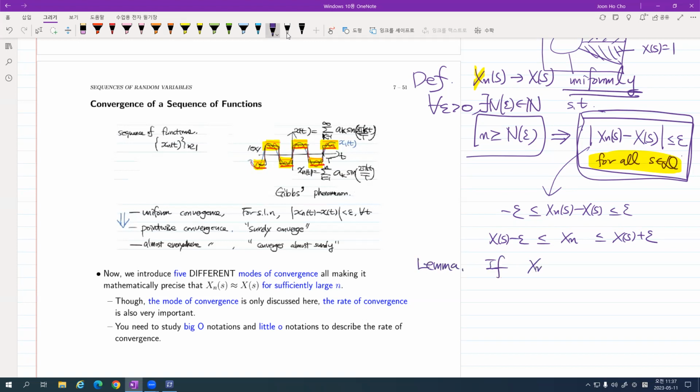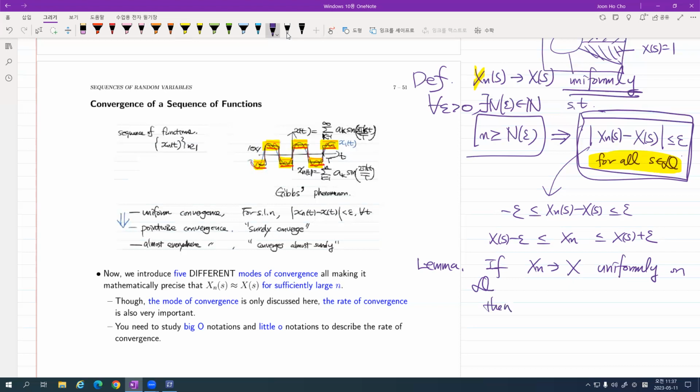If x_n converges to x uniformly, of course on some domain D, and in order to talk about that, every x_n and x must have the same domain. Otherwise, uniform convergence cannot be defined.